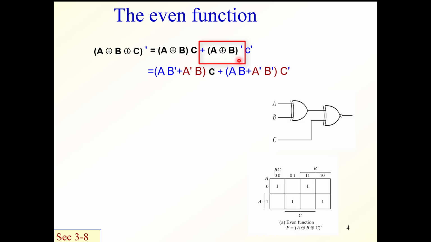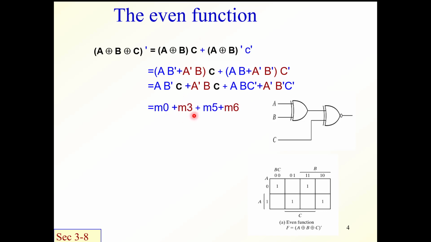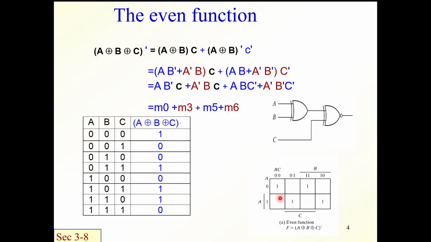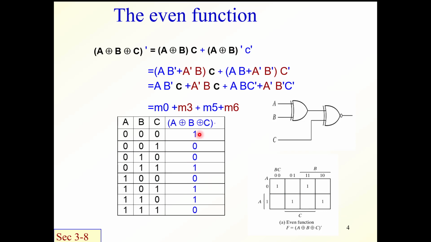If we expand this one here, we get AB ORed with A bar B bar, the whole thing ANDed with C. And these are the minterms 0, 3, 5, and 6 here on this map. Again, you cannot group the minterms with any other minterms. And this is the truth table.